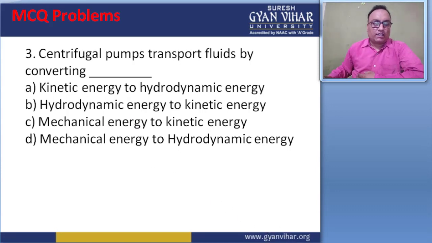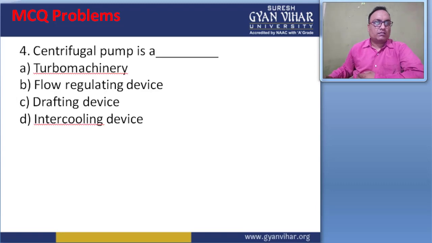Then move to question number 4. A centrifugal pump is which kind of device? The four options are turbo machinery, flow regulating device, drafting device, and intercooling device. So a centrifugal pump is a turbo machinery type of device, and A is the correct answer.